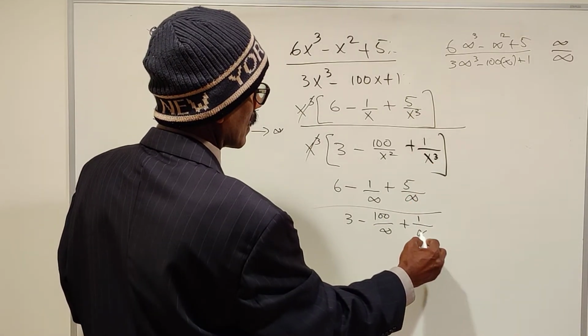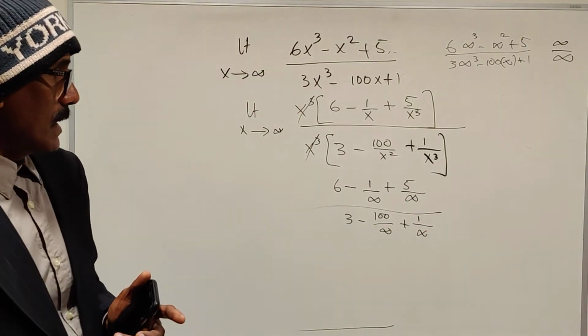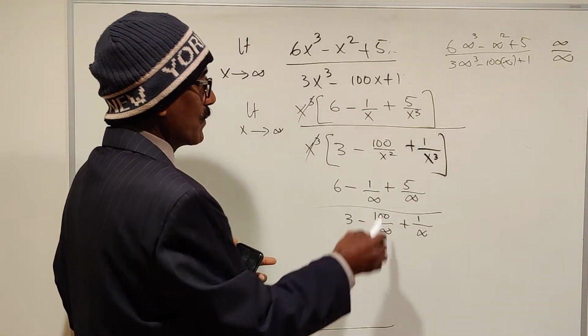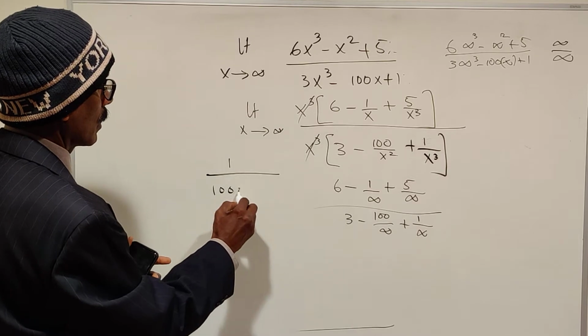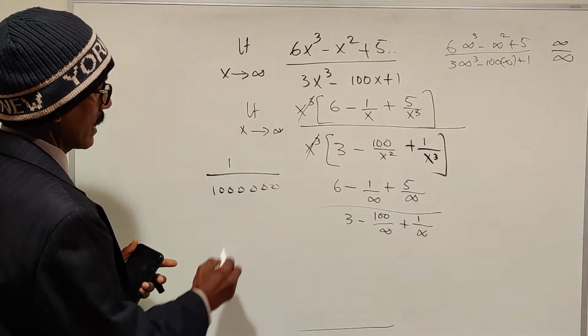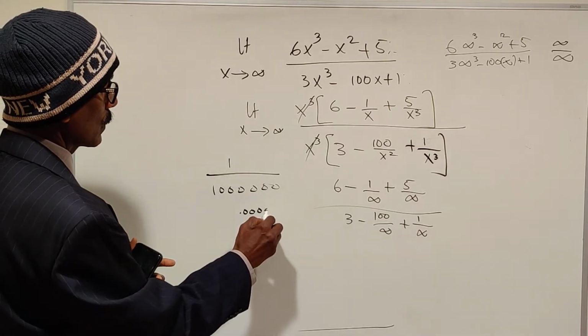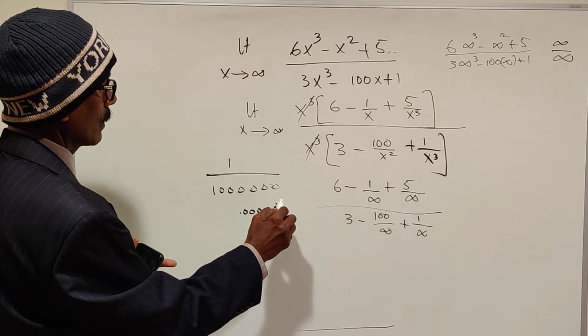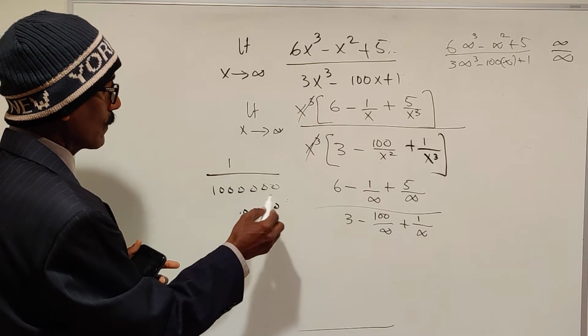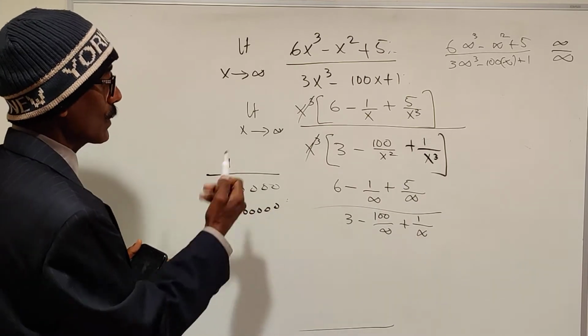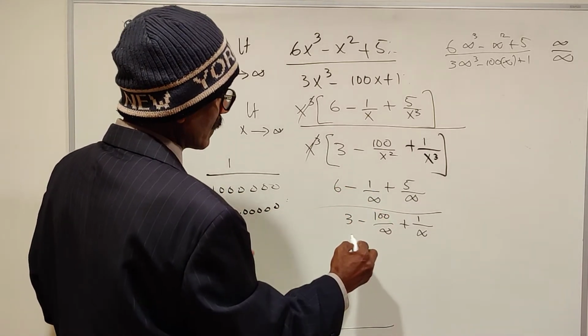Okay, see what is 1 by infinity? 1 divided by a large number. For example, 0.000, a small number. It is very close to 0. So 1 by infinity is 0.